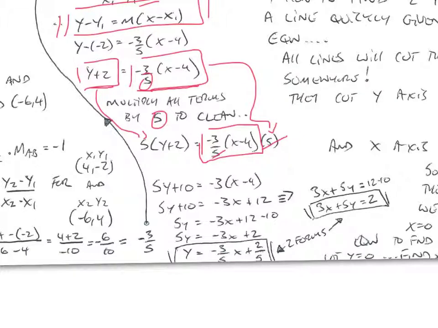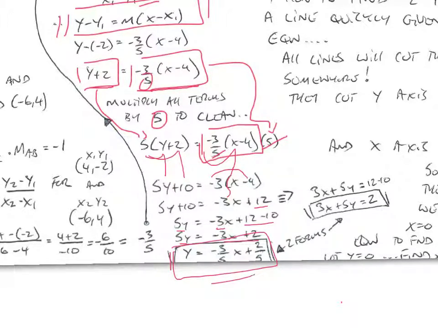We end up with 5 times y is 5y, and 5 times 2 is 10, and minus 3 times x is minus 3x, and minus 3 times minus 4 is plus 12. So 5y is equal to minus 3x plus 12 minus 10, bringing our 10 over. 5y is equal to minus 3x plus 2. Y is equal to minus 3 over 5 x plus 2 over 5.